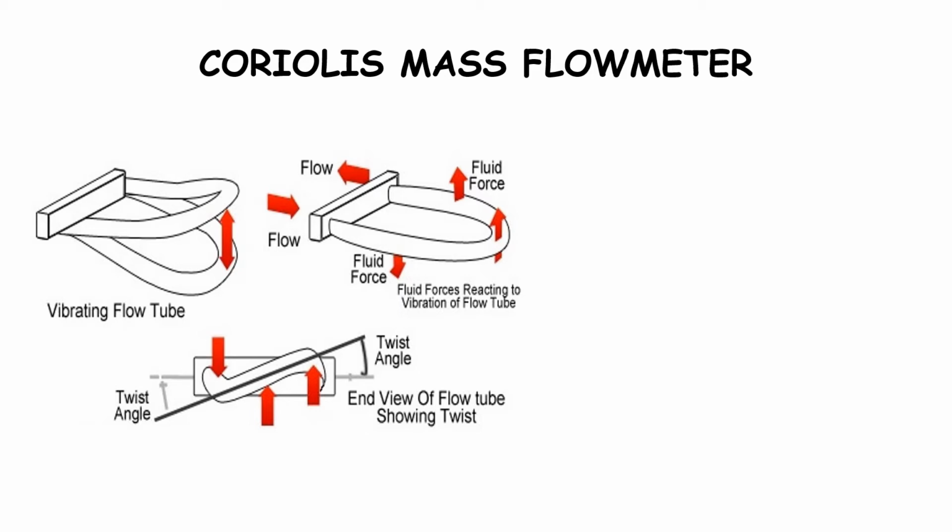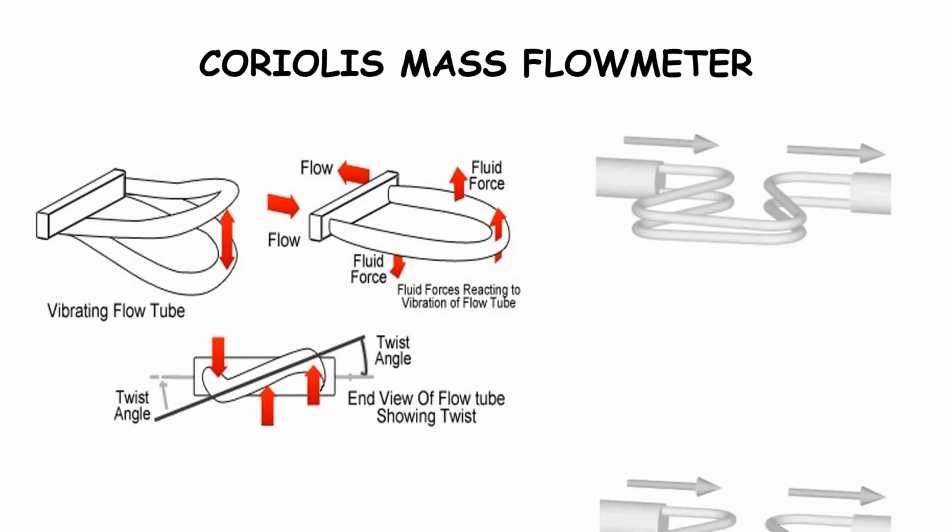This added vibration element results in a phase shift or twist in parts of the tube. This resulting phase shift, which is directly proportional to the liquid mass flow rate, is then measured with the help of sensors. This measured information is further transferred to the electronics unit where it gets transformed into a voltage which is proportional to the mass flow rate.